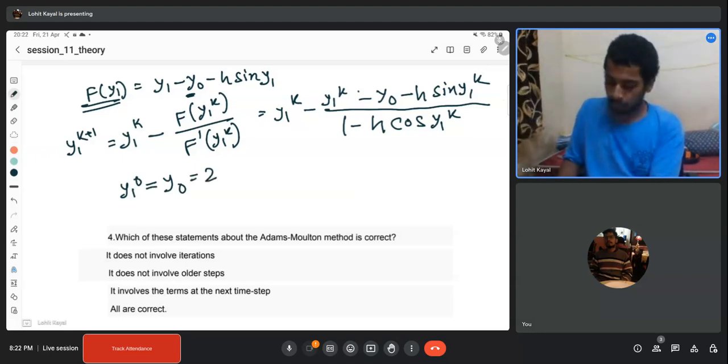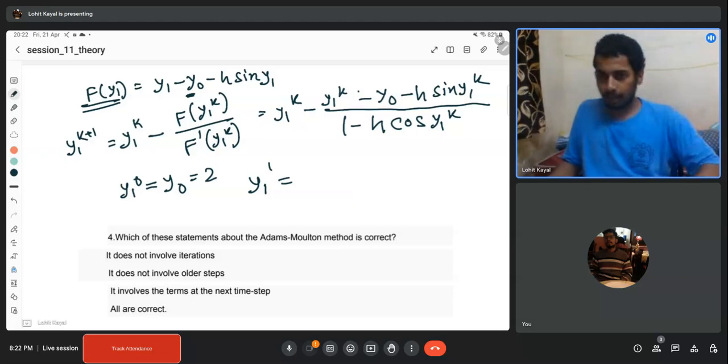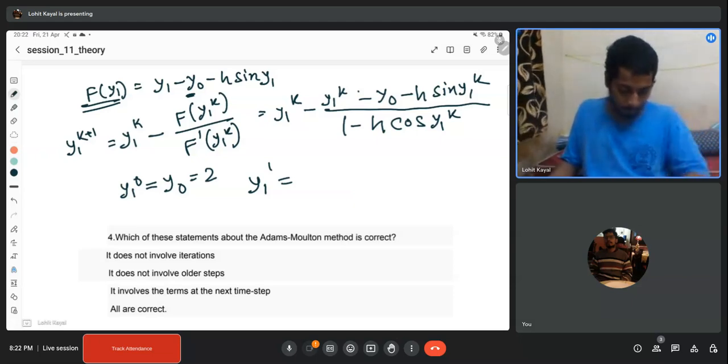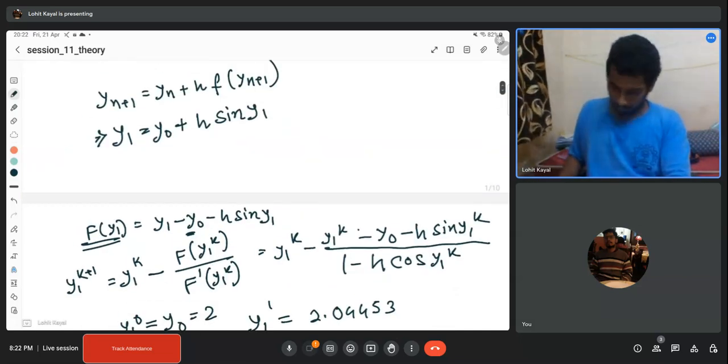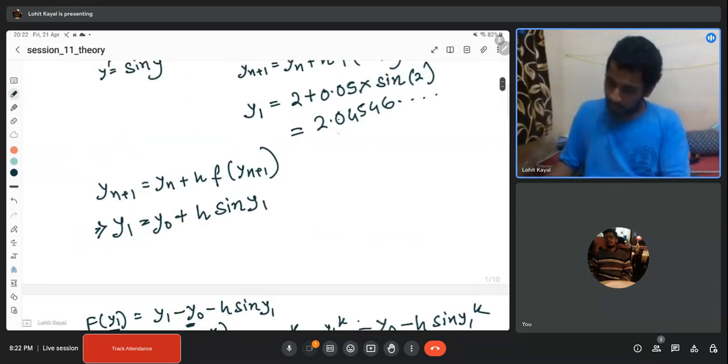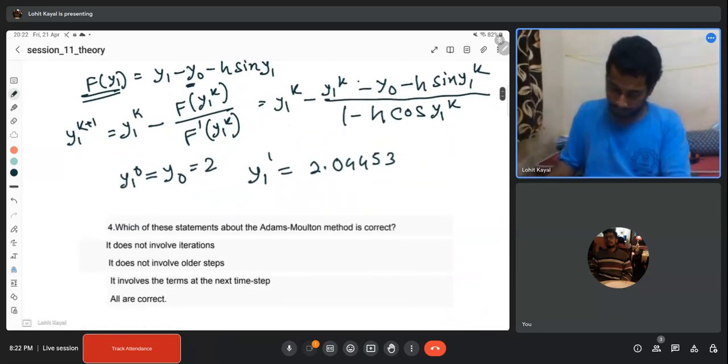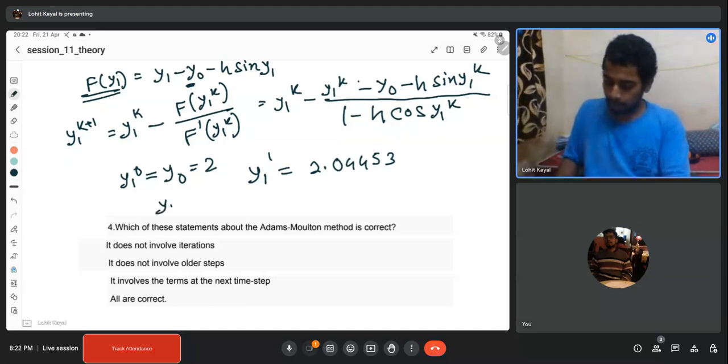Okay, that is 2. So your y1 of 1 will be equal to, if you do the calculation, you will find that y1 of 1 will come as 2.04453. Originally, this gave you 2.04546, and if you put y1 of 1 and calculate y1 of 2, the calculation is simple, so I will just show you the final answer.